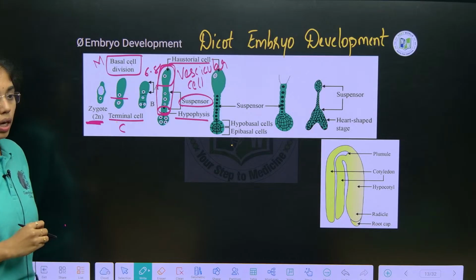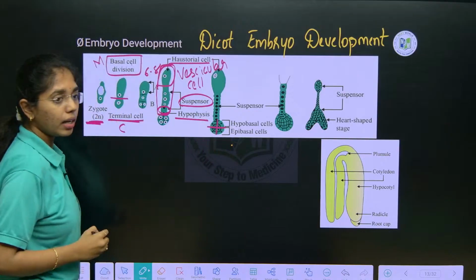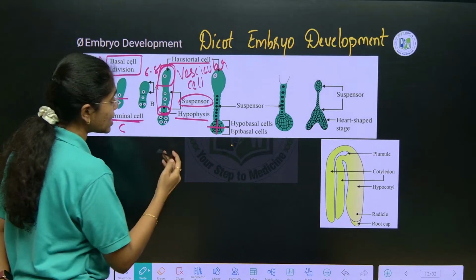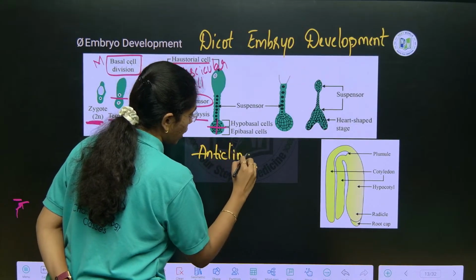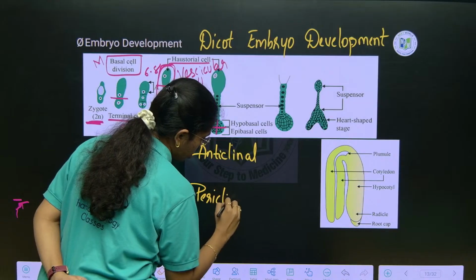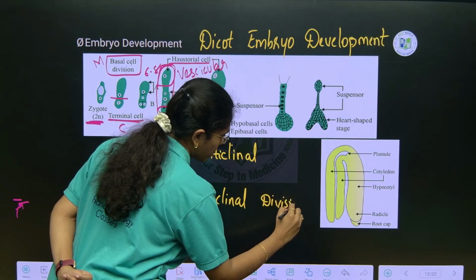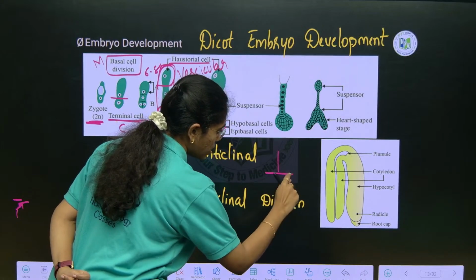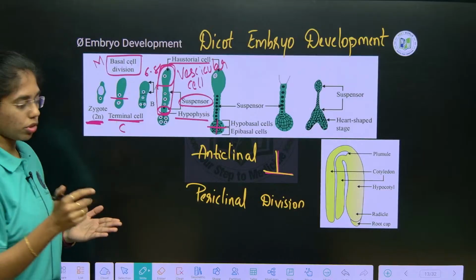The terminal cell will undergo transverse division and vertical divisions, which are known as anticlinal and periclinal divisions. What are anticlinal divisions? This type of divisions, perpendicular divisions, are known as anticlinal divisions.